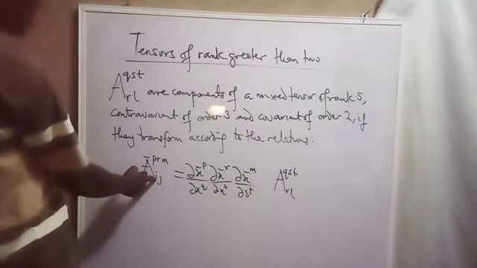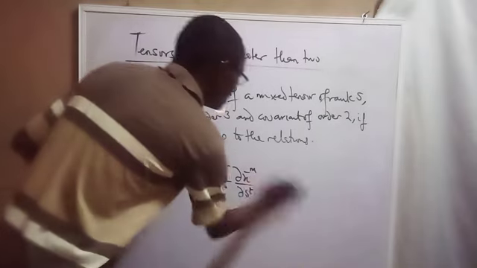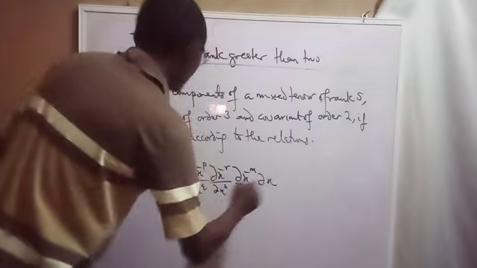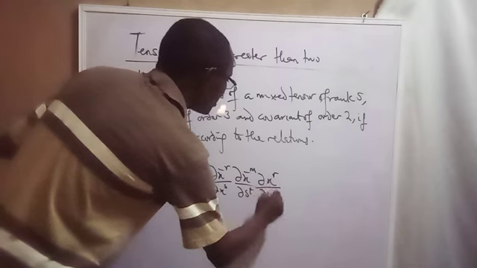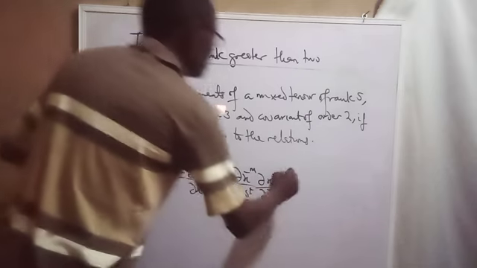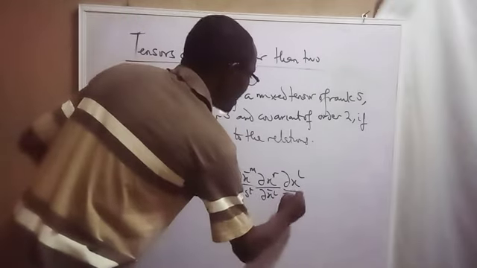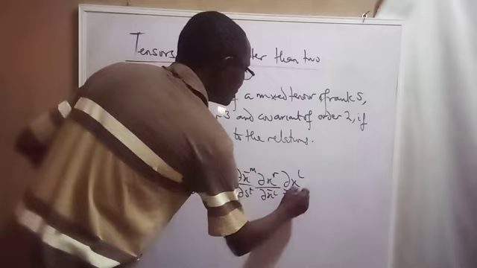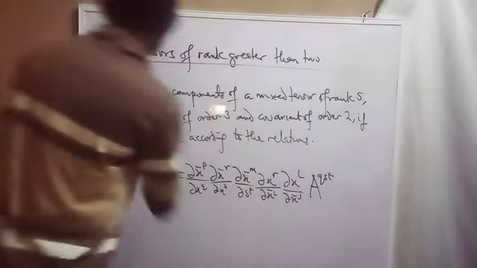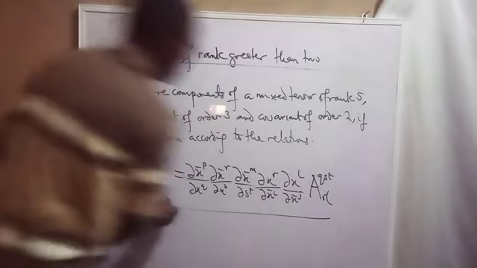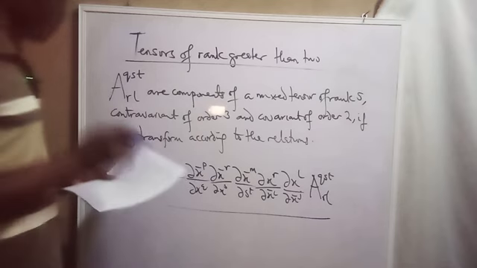Now, remember this one will still come down: dx r over dx bar i, dx l over dx bar j. So multiply by A q s t r l. So that is the transformation.